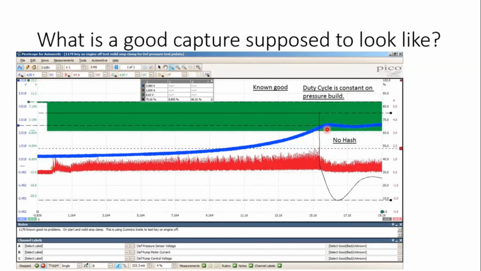It builds up to that pressure, it levels off, the computer senses that pressure, and then it takes away the duty cycle, and it stabilizes, because it doesn't need to work the pump as hard now. So it just opens the divert valve, the current goes down because of that, and then it takes away the duty cycle. So I thought that was kind of interesting.